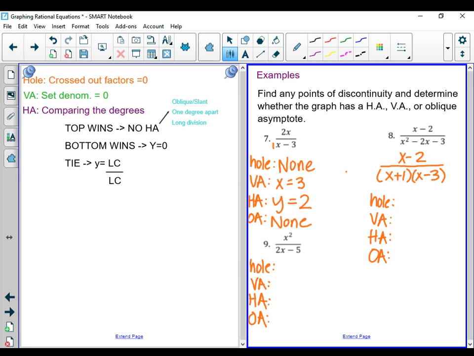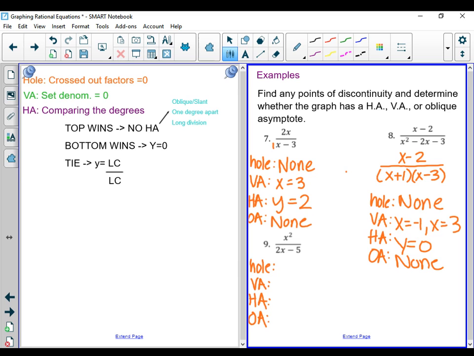Can I cross anything out? Nope. So that means my vertical asymptotes are going to be -1 and 3. Who has the highest degree? Bottom? Yo, at the bottom, y equals 0. So that means none here.